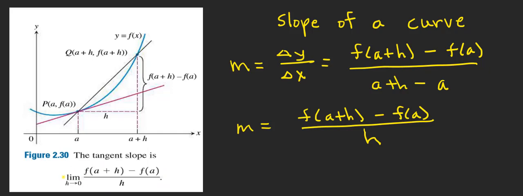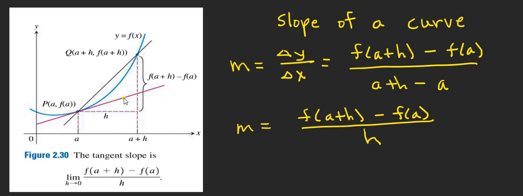Now we're going to talk about where the limit as h approaches 0 comes from. Remember, our goal is to find the slope of this tangent line at that point, a comma f of a. So what's going to happen if we let h get smaller?